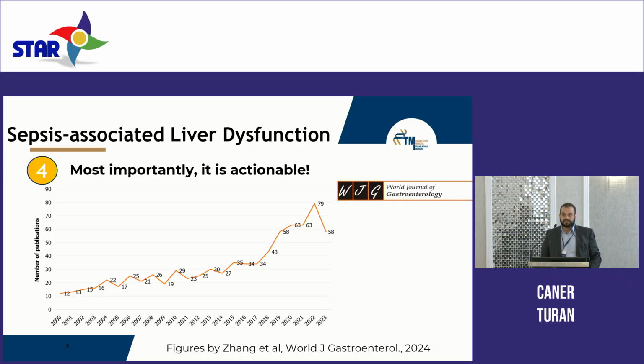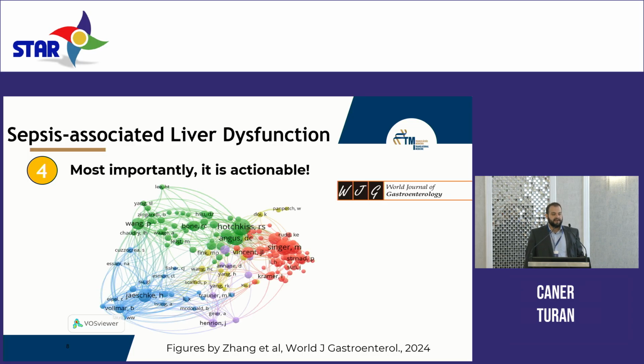This paper, published in the World Journal of Gastroenterology, conducted a literature review which clearly shows the increasing interest in sepsis-associated liver dysfunction in the critical illness literature. In the network of researchers working on this topic, there seem to be 5 families of researchers who communicate and work with each other, coming from different continents.